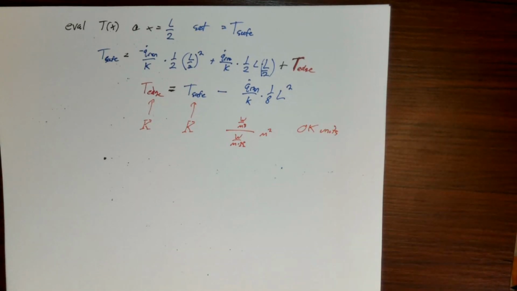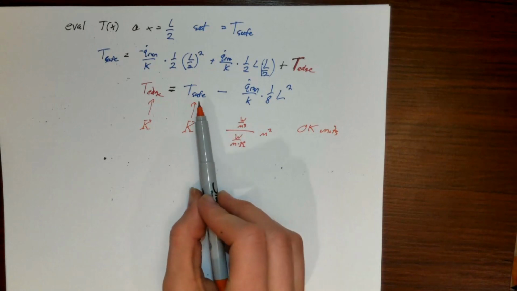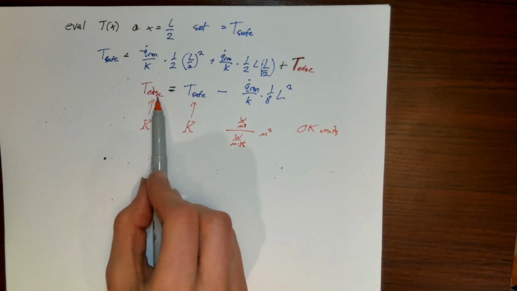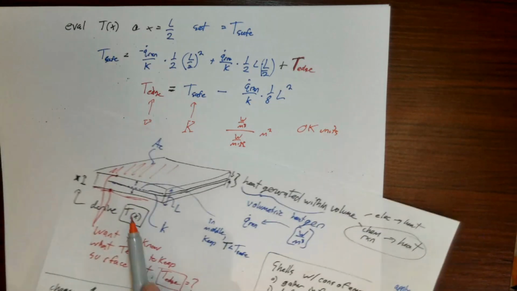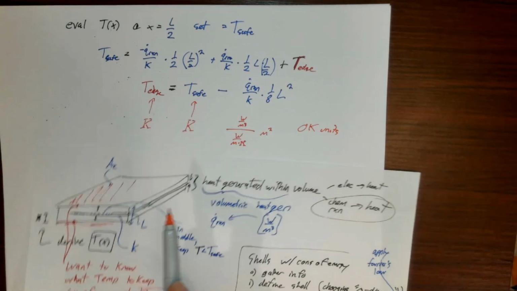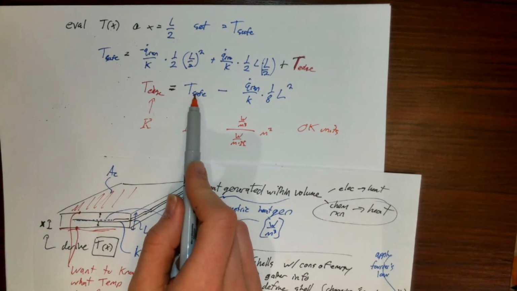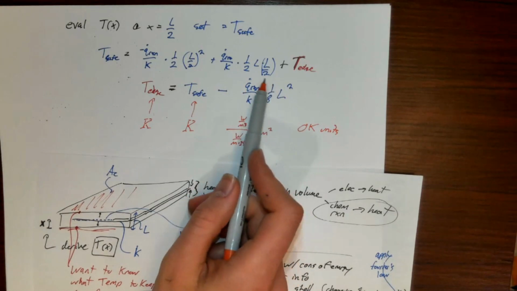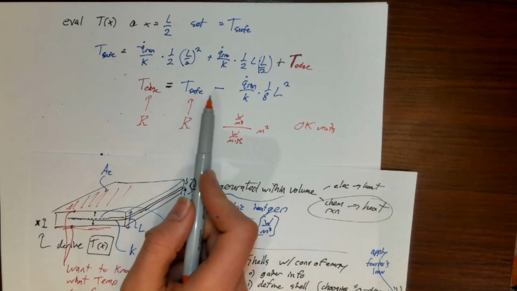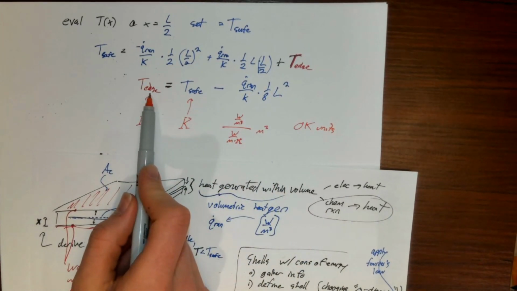A next thing to do is a sanity check. So what does this mean? Basically, whatever temperature we want to keep the edge at has to be a little bit less than T safe, right? So if I have my safe limit, I need to subtract off a little bit from my safe limit in order to have my safe edge temperature.